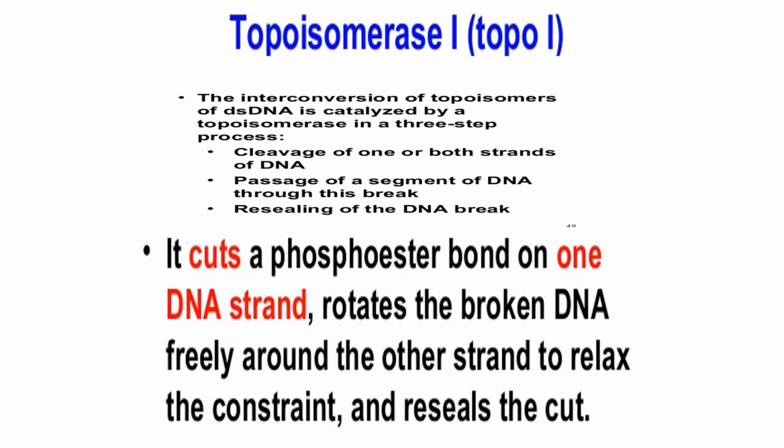Then passage of a segment of DNA through this break, and resealing of the DNA break. Or you can say it cuts the phosphodiester bond of one DNA strand, then rotates the broken portion and frees it from the other strand to relax the constraint, and reseals the cut.